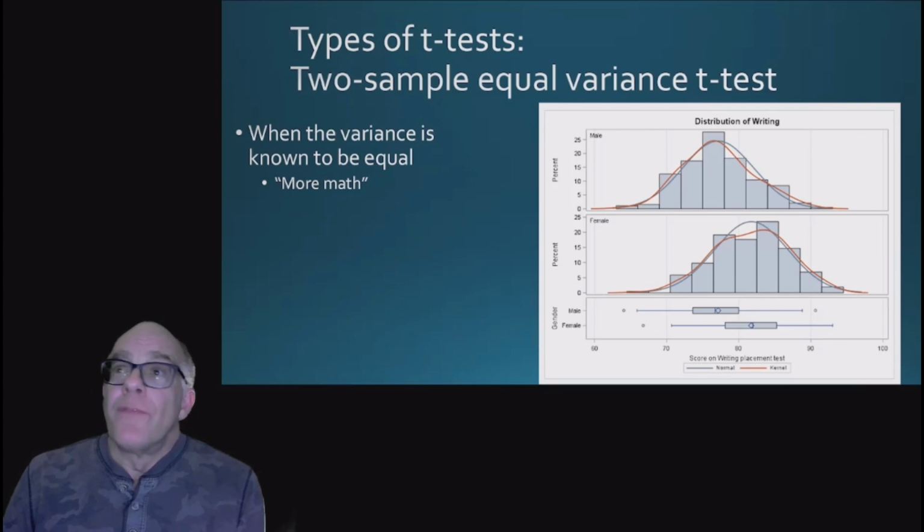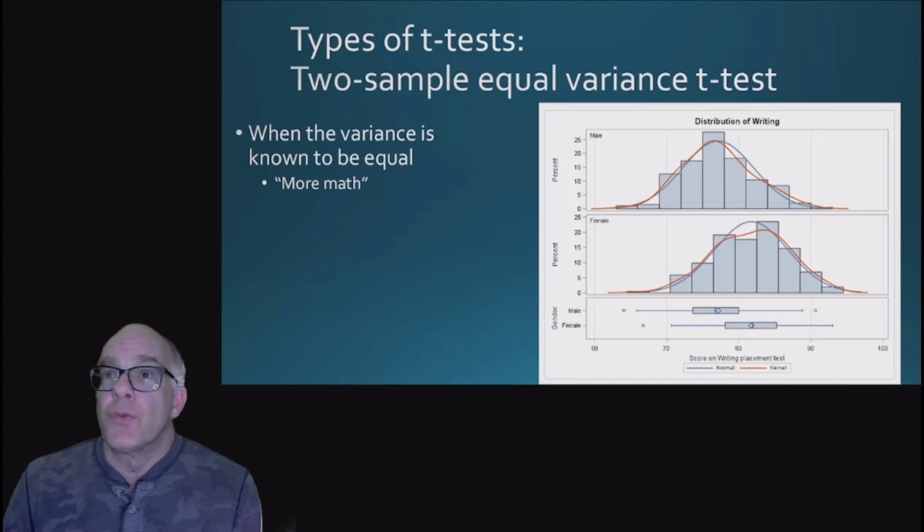So with the equal variance, the idea is that we have basically the same amount of variation in the observations between the intervention group and the control group. And so when the variance is known to be equal, we can do a 2-sample equal variance test.